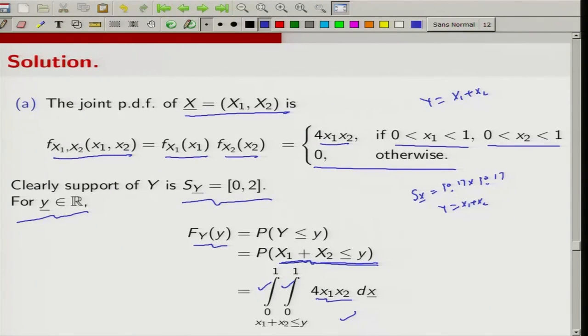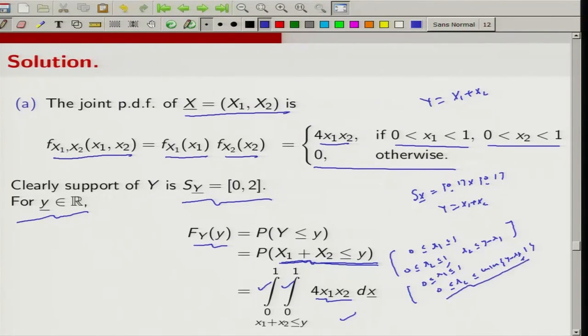Now, if I take x1 as a free variable, it first goes from 0 to 1. For fixed x1, x2 is between 0 and 1 and also x2 is less than or equal to y minus x1. So, this is the desired range. That means 0 less than or equal to x1 less than or equal to 1, and x2 is greater than or equal to 0 and less than or equal to the minimum of y minus x1 and 1.